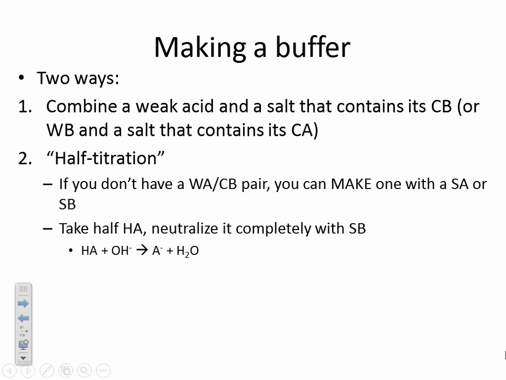The idea is, it's called half titration because let's say you have HA but you don't have A minus. Let's titrate half of our HA. Let's literally split our weak acid solution into two equal portions and take half of it, and let's react half of it with a strong base.